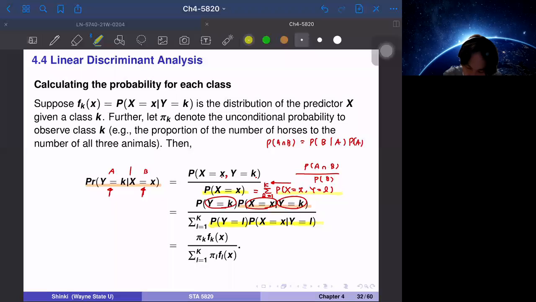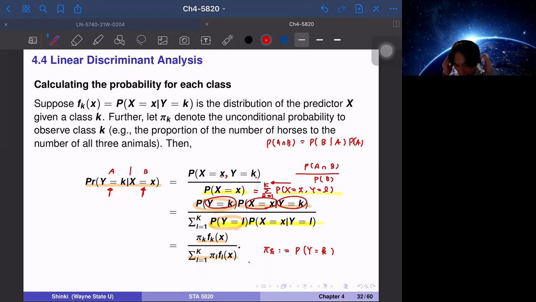So if we know the probability of Y equal to k and the probability of Y equal to l, then we can calculate this. We defined pi k as the probability of Y equal to k. Then we can calculate this.